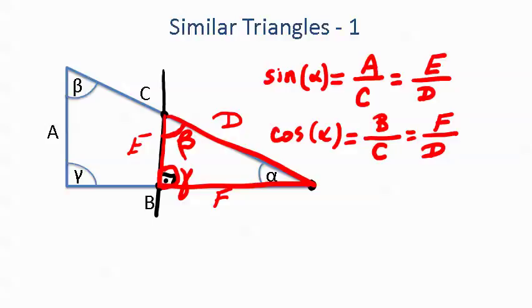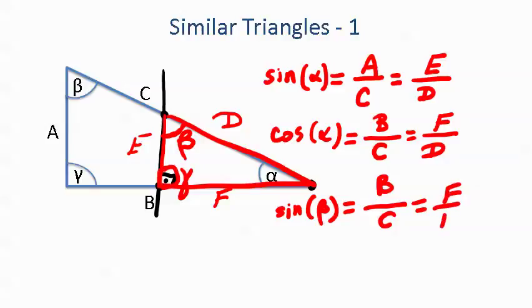We can also write the sine of beta, and for the blue triangle the sine of beta will be the opposite perpendicular divided by the hypotenuse, and for the new triangle will be the opposite divided by the hypotenuse.